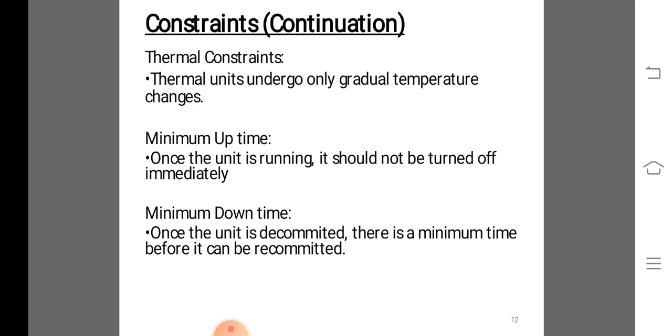This includes quick start diesel or gas turbine units, as well as most hydro units and pumped storage hydro units that can be brought online, synchronized, and brought up to full capacity quickly. As such, these units can be counted in the overall reserve assessment as long as their time to come up to full capacity is taken into account.